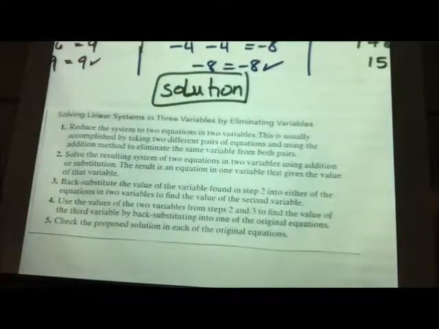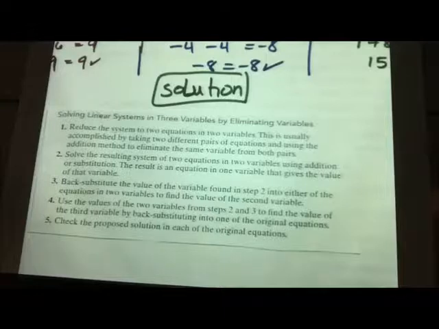Now let's look at this really quickly and understand what's going on. So it says you're going to reduce a system to 2 equations and 2 variables. So even though you have 3 variables, 3 equations, you're looking for 2 and 2. So that means that we have to eliminate at least one of the variables. And then you're going to pick another different 2, and again you're going to reduce that to the same variable that you picked before.